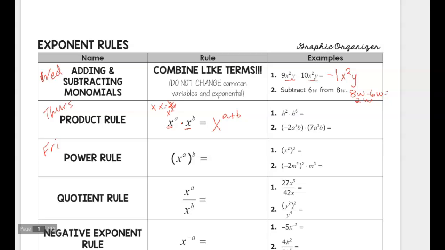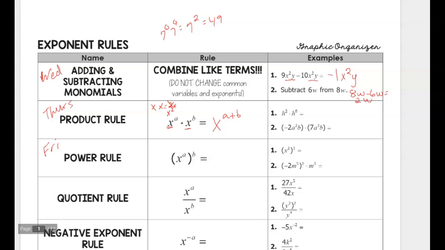If we have 7 to the first times 7 to the first, that's also 7 squared, because that's another way we write 49. Okay, we just don't normally put the first there. But how do you get to 2? Really, it's 1 plus 1.